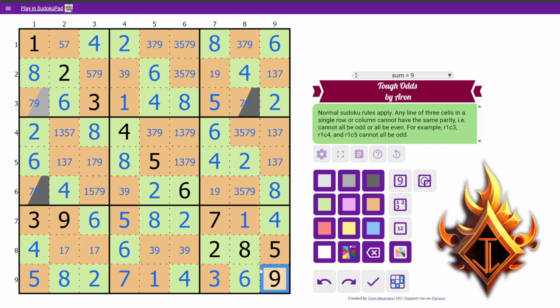We have a 9 here. 9, 1, 7, actually. Whichever one of these, light gray or black, go here. One of them goes here, because it's the 9.